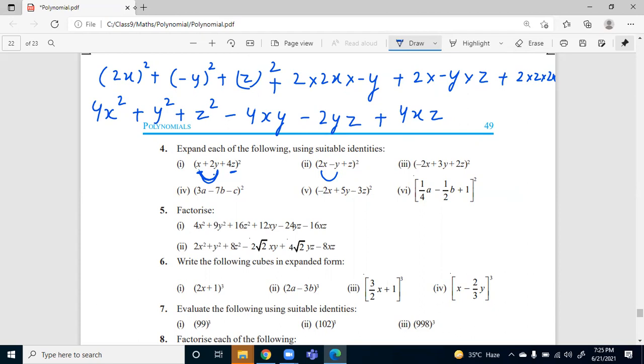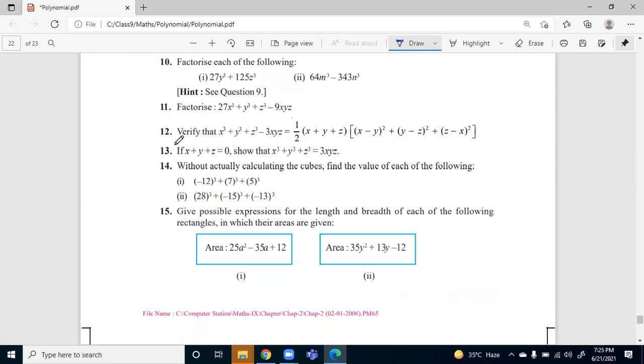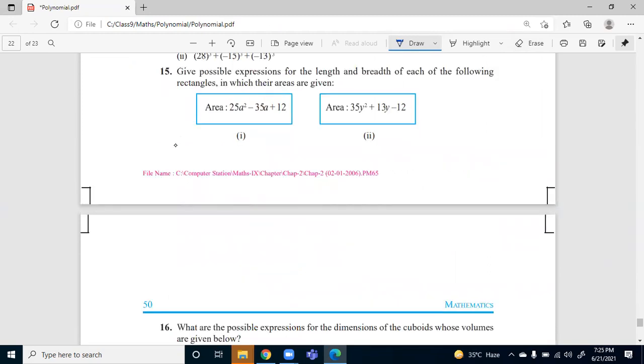Okay, ma'am, got it. Ma'am, can you tell the identity again? Yeah, I can tell you the identity. If I write it, x plus y plus z whole square, there are three terms and I have to do the square of these three terms, like add them and then square it.